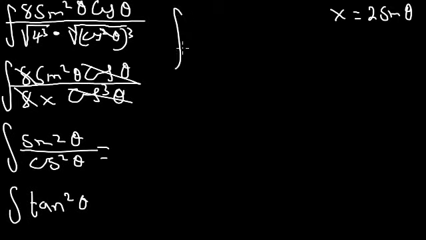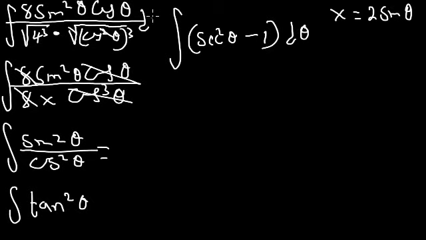So therefore, the integral is going to become the integral of sec squared theta minus 1, d theta. I've not been writing d theta so far, however, it is there. Good. Now let's expand the bracket.